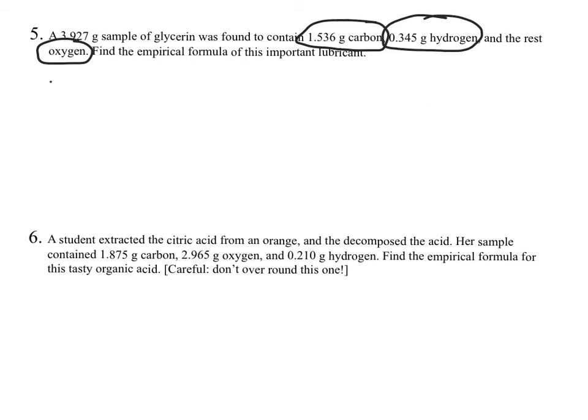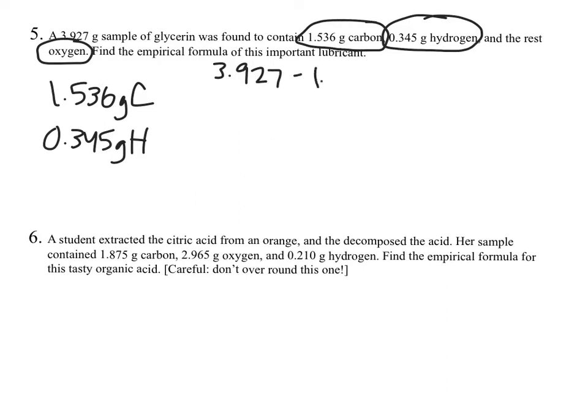So we have 1.536 grams of carbon, about 0.345 grams of hydrogen, and of course the rest is oxygen, so we just take the total, which is 3.927, and subtract 1.536 and subtract 0.345 grams, and when you throw that in your calculator, the amount you end up getting is about 2.046 grams of oxygen.